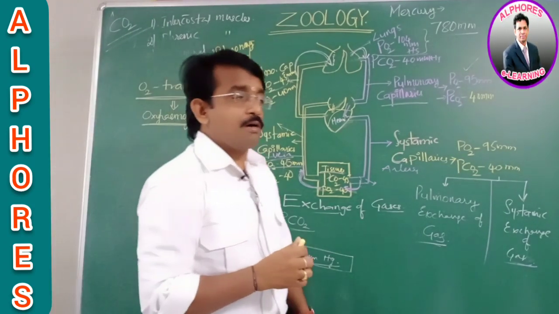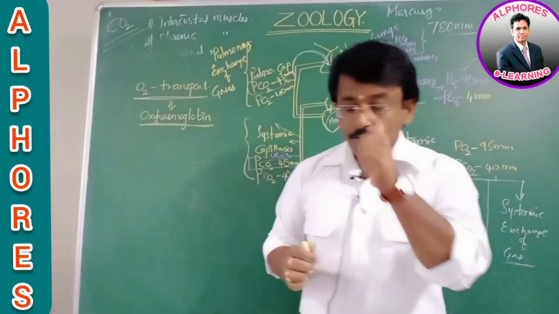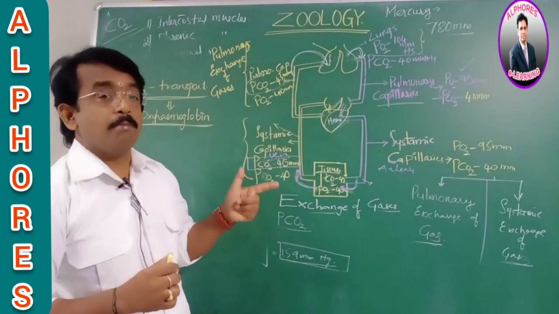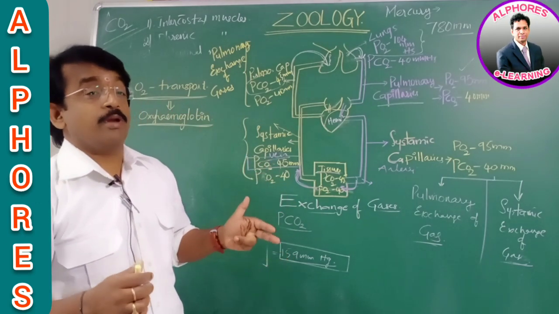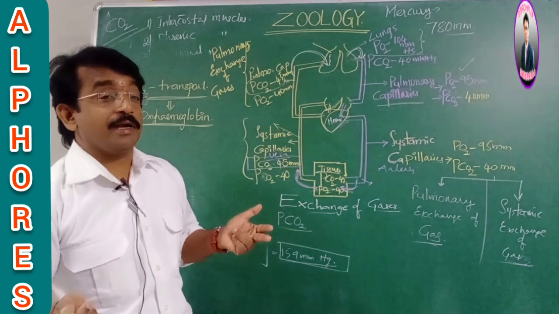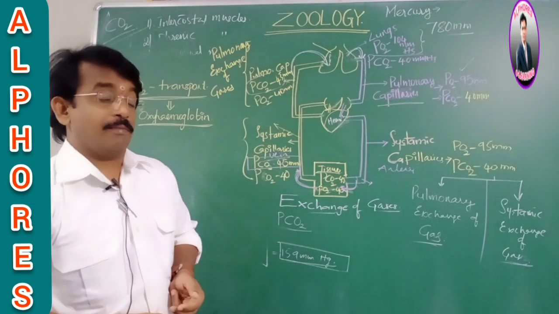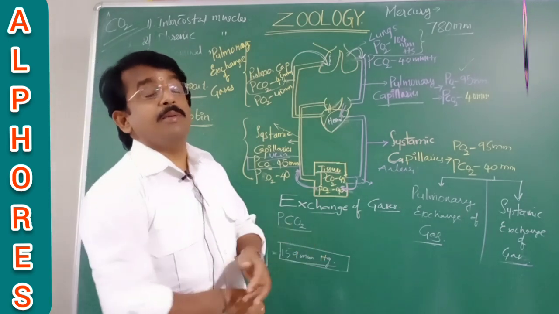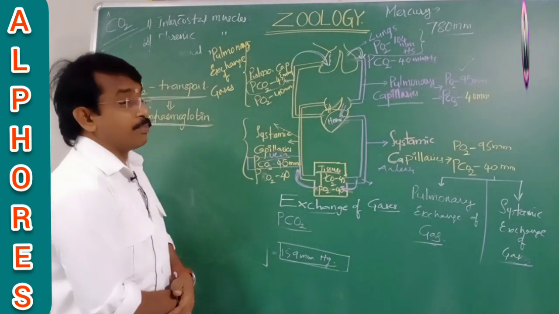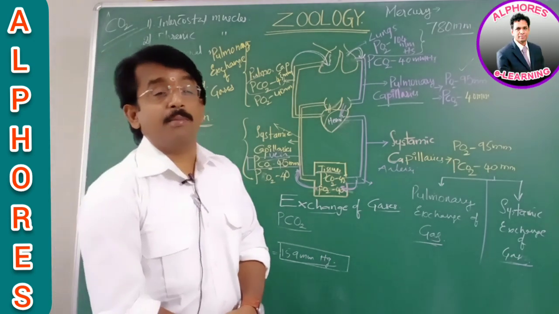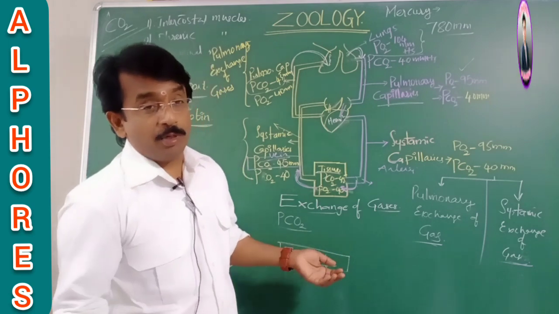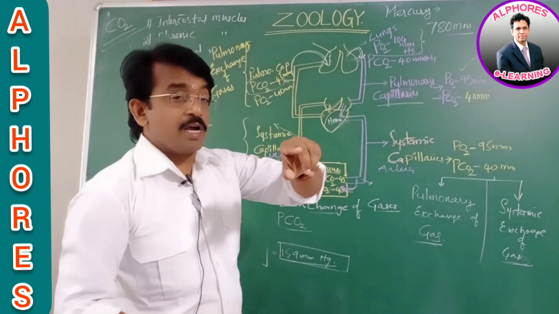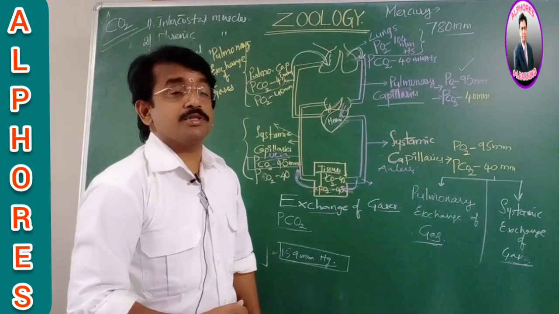Whereas carbon dioxide is transported in physical solution, carbamino compounds, and bicarbonates, such as sodium bicarbonate and potassium bicarbonate. Carbamino compounds are carbon dioxide combined with the amine of a protein. In physical solution, carbon dioxide combines with water and forms carbonic acid.